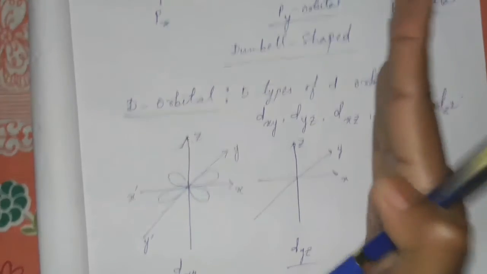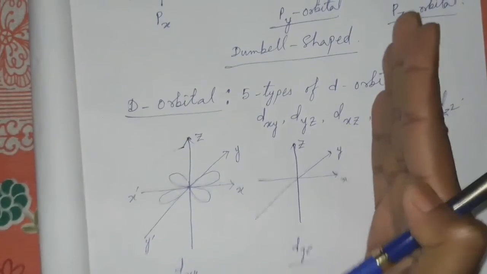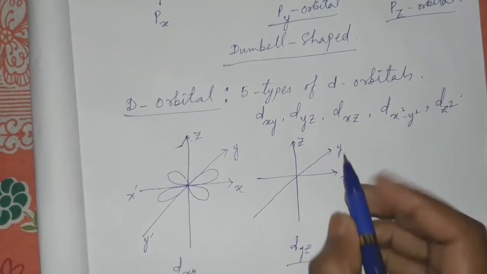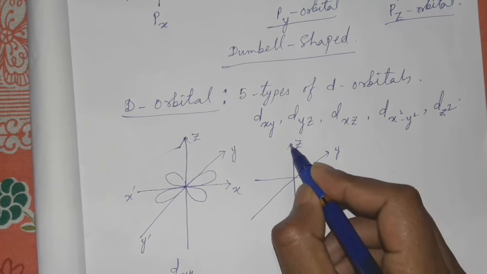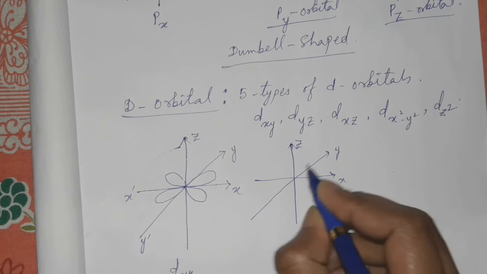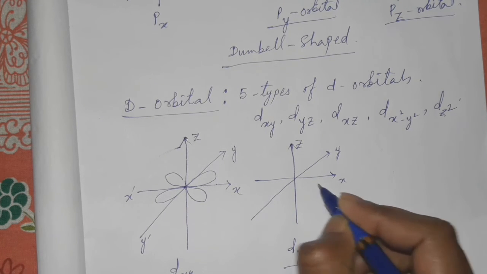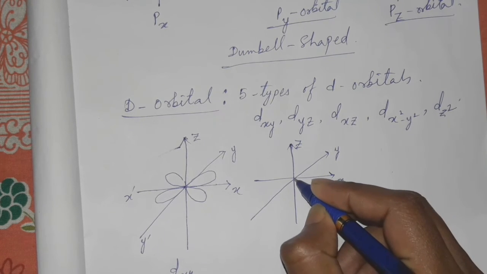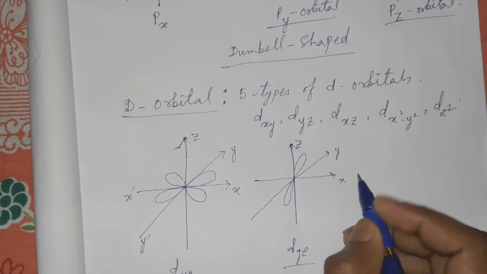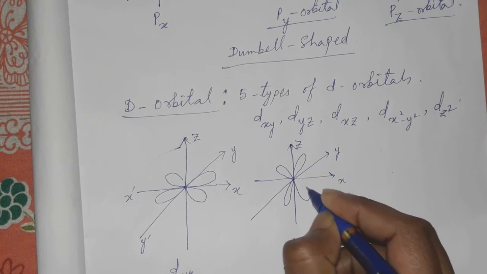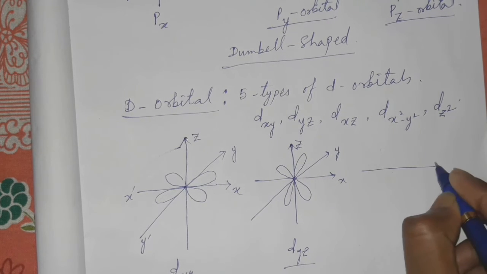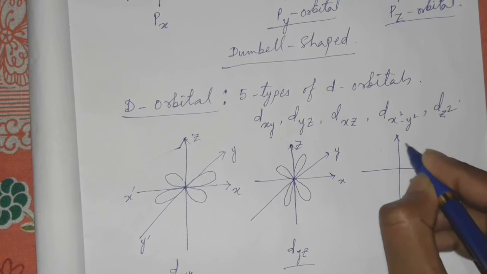So this will be the plane, a vertical plane. We'll draw the lobes of the yz orbital in between the z and y axes. This one and this one. Now another one.